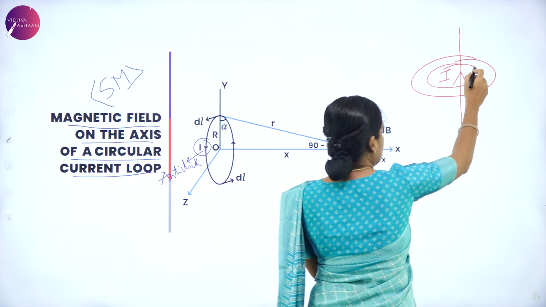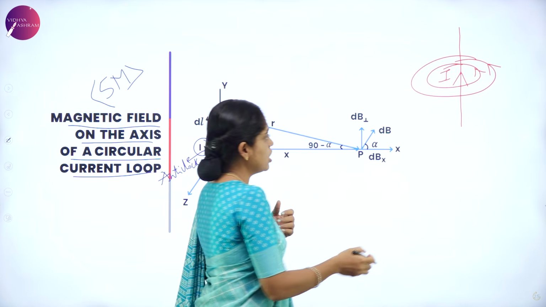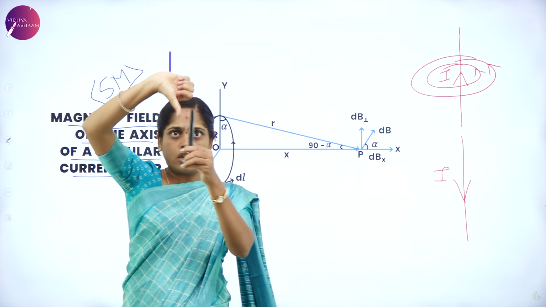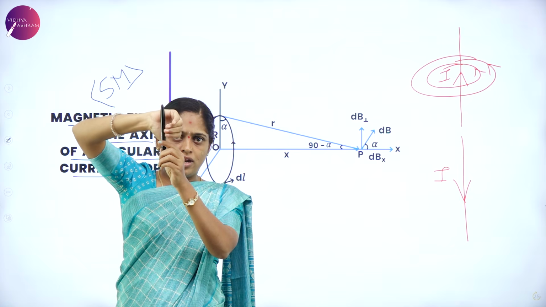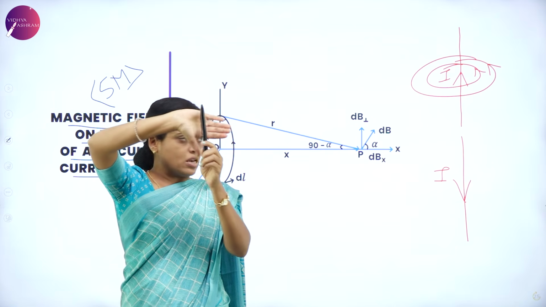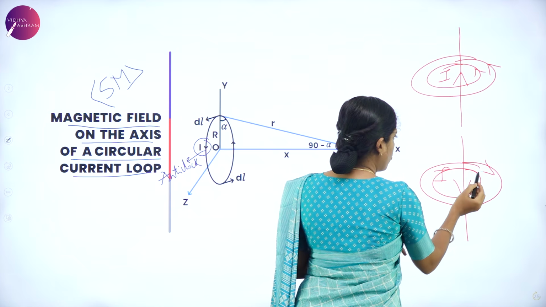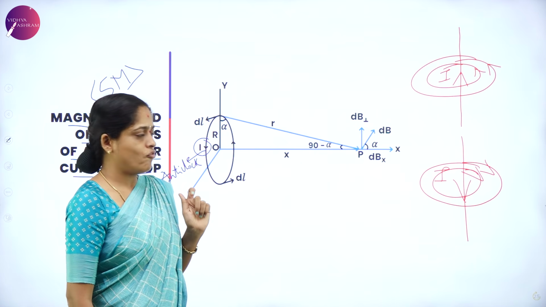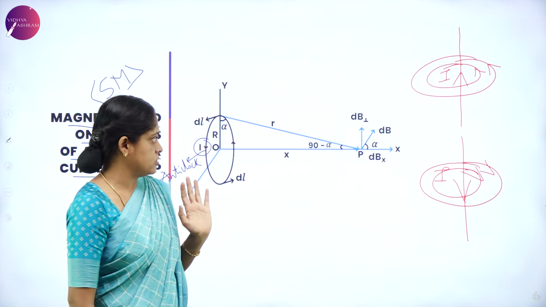The direction of magnetic field is anti-clockwise when the current is upwards. If the current is downward, again use the right hand thumb rule to find the direction of magnetic field. Now look at this, the current is in clockwise direction around this. So when you change the direction of current, the direction of magnetic field also changes.